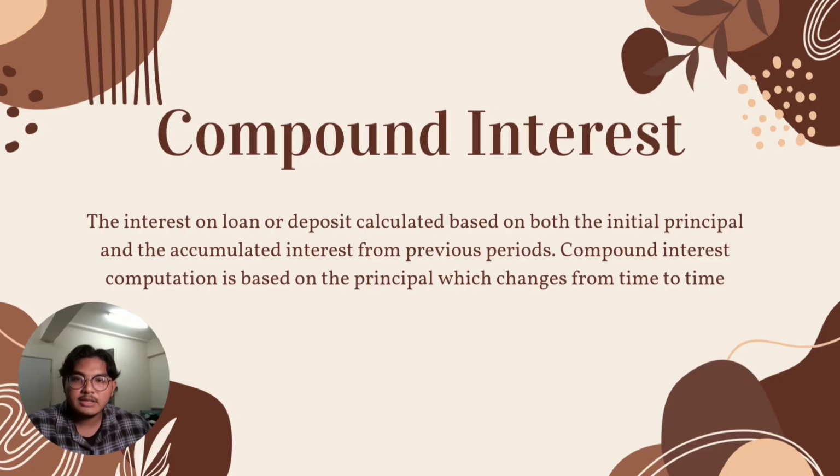So today we're going to learn about annuity and compound interest. Compound interest is the interest on a loan or deposit calculated based on both the initial principal and the accumulated interest from previous periods. Compound interest calculation is based on a principal which changes from time to time.